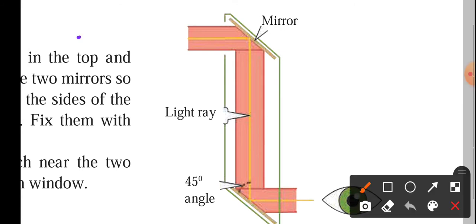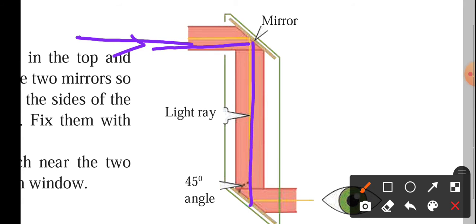You can see over here, the light enters from here, the incident ray strikes the first mirror and then gets reflected in the other direction. Then it strikes the second mirror and goes out.